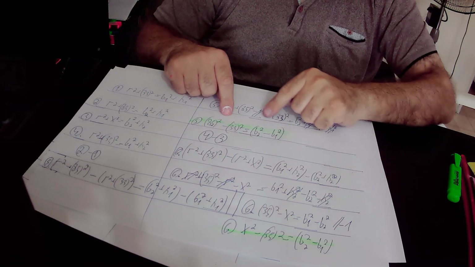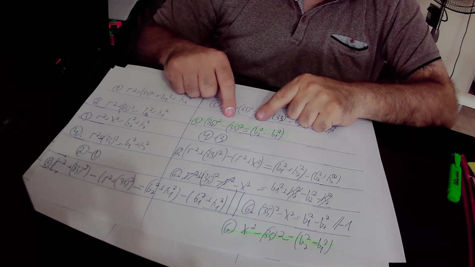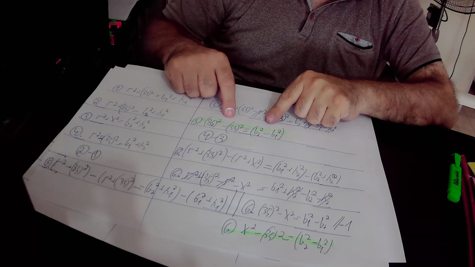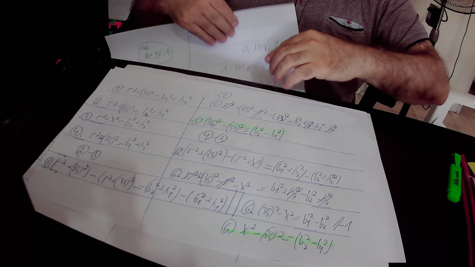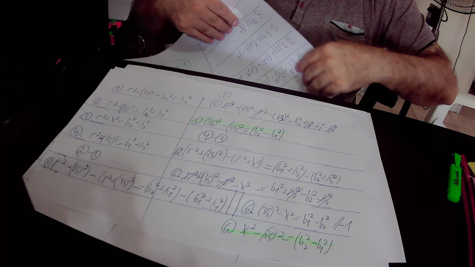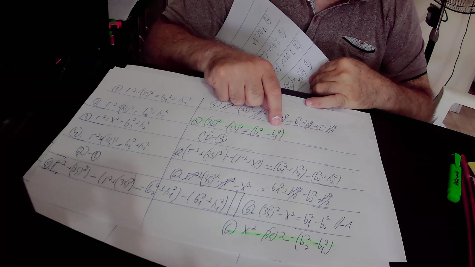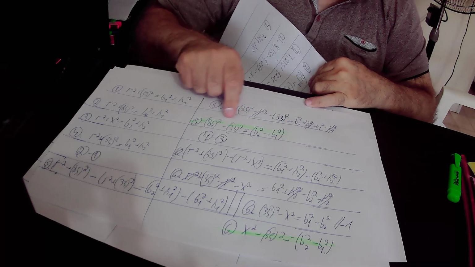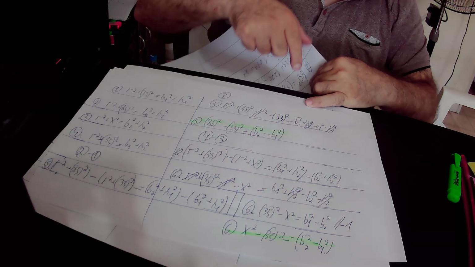And according to equation number 5, we already found out that 85 square minus 33 square equals b2 square minus b1 square. Then we created equation number 7 that states that b2 square minus b1 square according to equation number 5 must be equal to b2 square minus b1 square according to equation number 6.